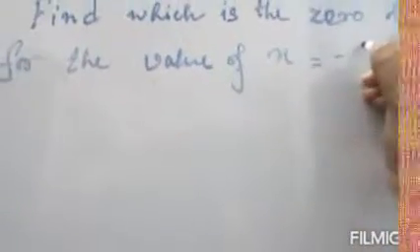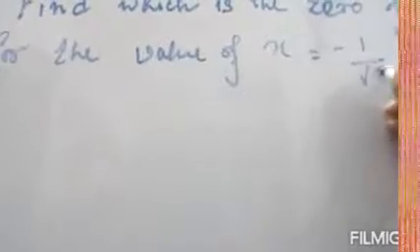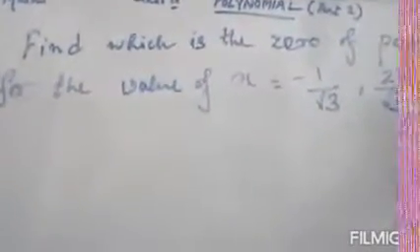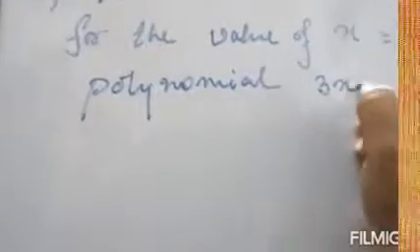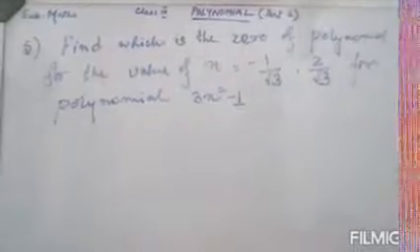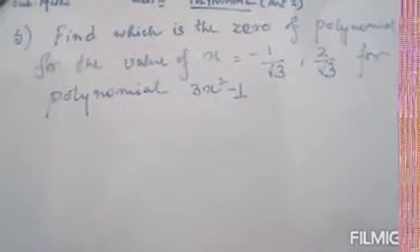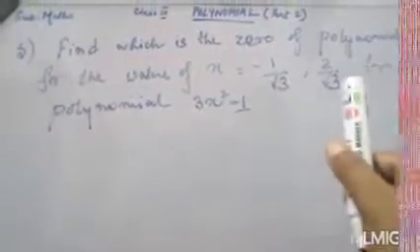One value is, suppose, minus 1 by root 3 and another is, suppose, 2 by root 3, for polynomial 3x square minus 1. Okay, find the zero of the polynomial for the value of x equal to minus 1 by root 3 and another value given as 2 by root 3 for the polynomial 3x square minus 1.